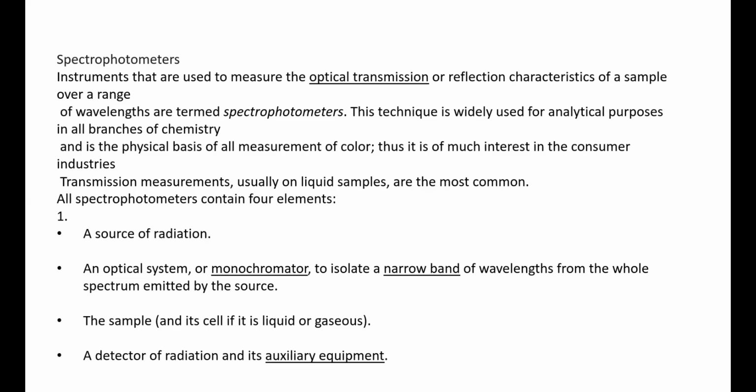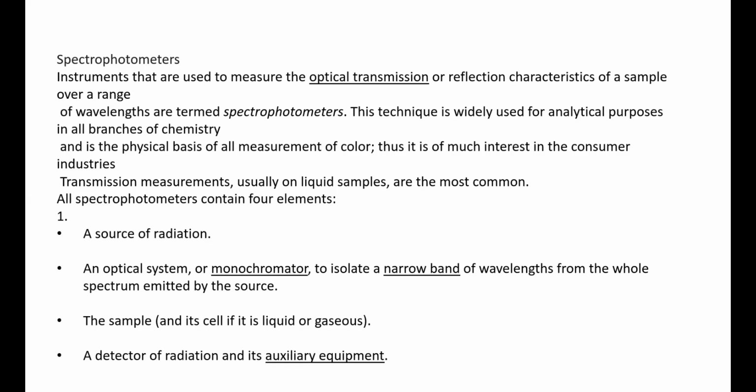Then you have to have the sample holder, in which the sample may be liquid or gaseous depending on the type of spectrophotometer that you are using. And a detector system, which is going to be a very crucial part in this. You are going to have different types of detectors, about which we have to talk in detail. But yes, detectors and photomultipliers are there.